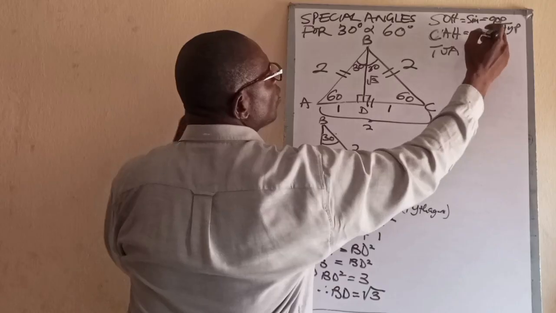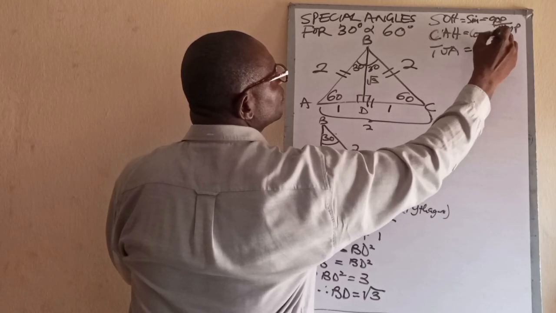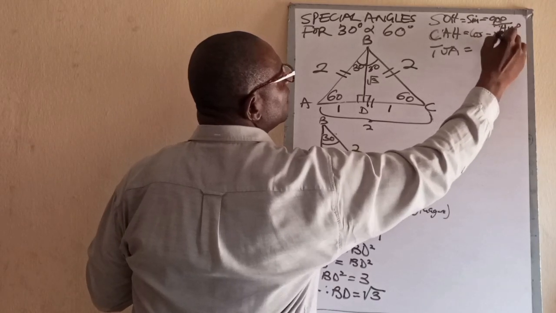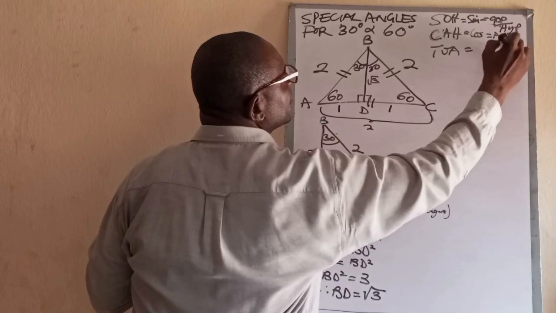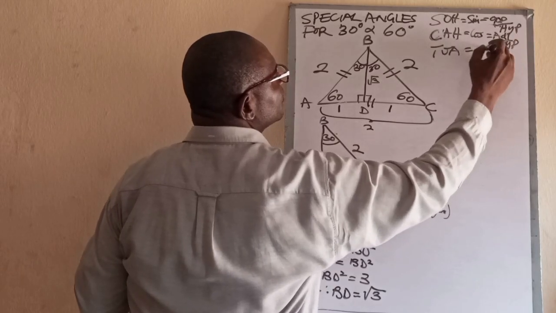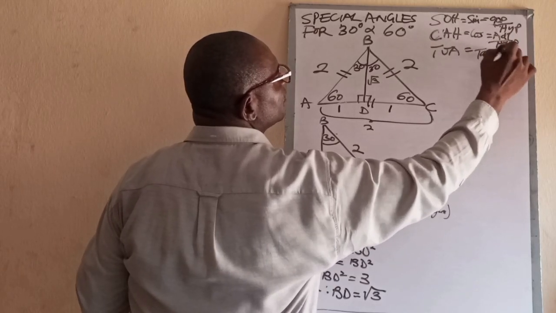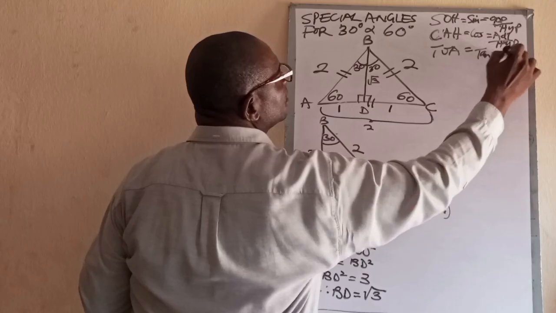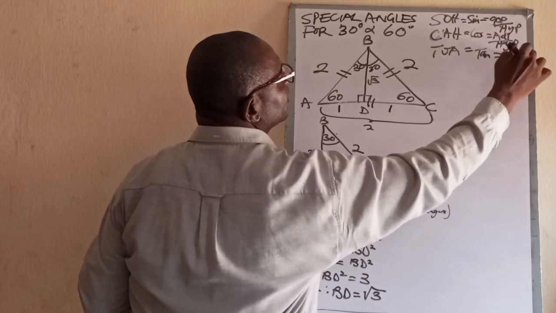CAH: cos is equal to adjacent over hypotenuse. TOA: tan is equal to opposite over adjacent.